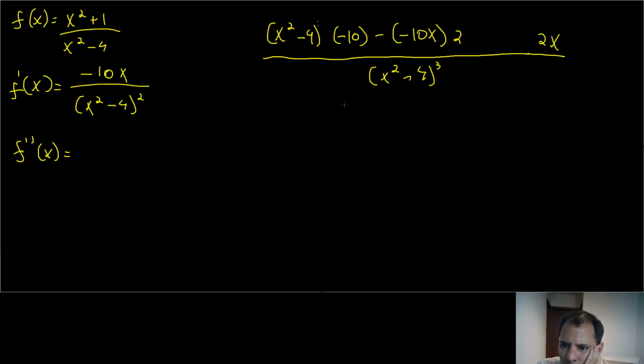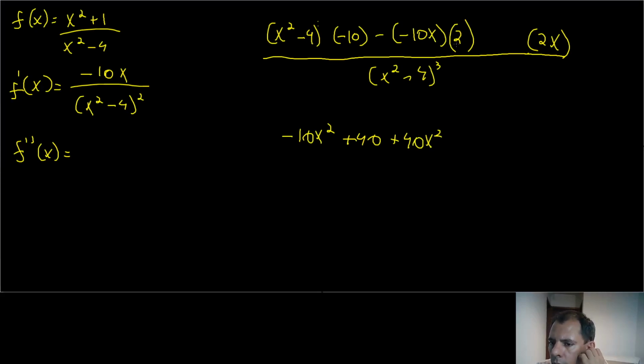Okay. So let's try to multiply this out. This is going to be minus 10x squared plus 40. And here, everything is multiplying, right? So it's going to be a positive number here. So it's going to be 20x plus 40x squared.